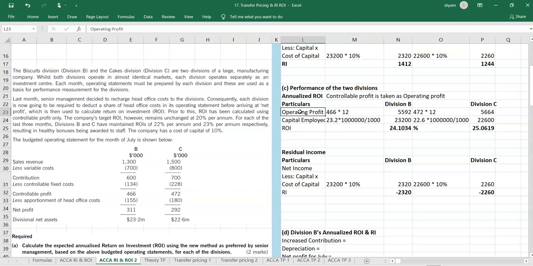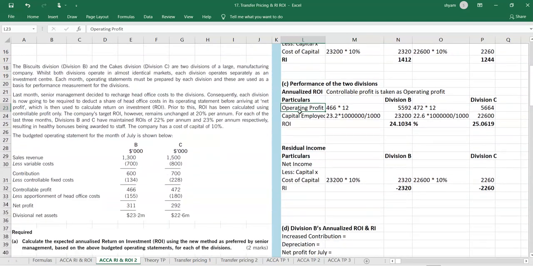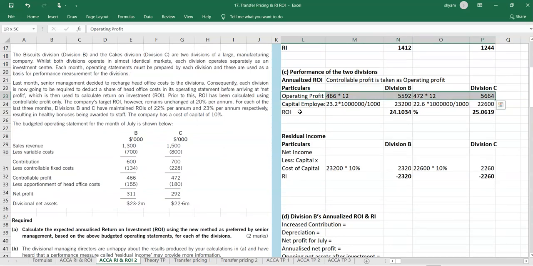Rather than taking net income or something like that, we take operating profit. So we can copy this entire thing and just paste it. Operating profit is 466 into 12, and we have the capital employed into cost of capital, that also we have put, and finally we got the answer.